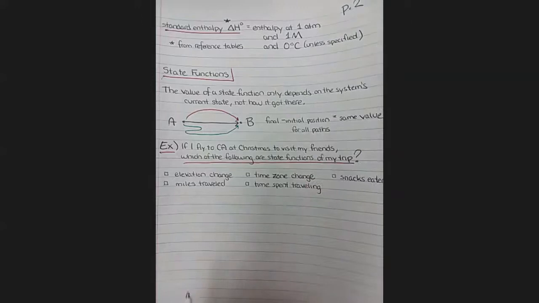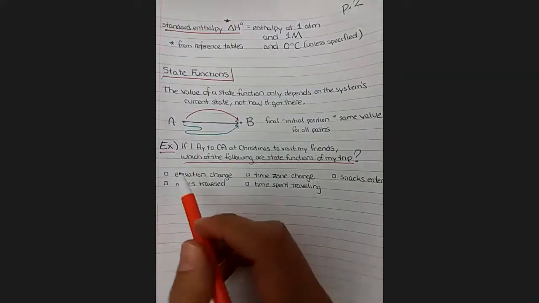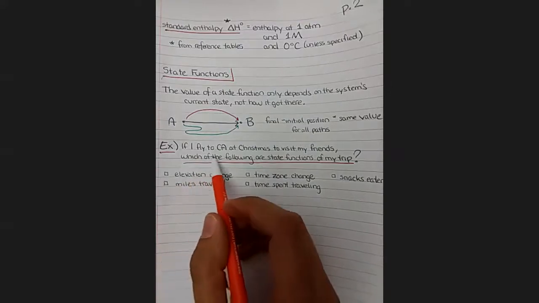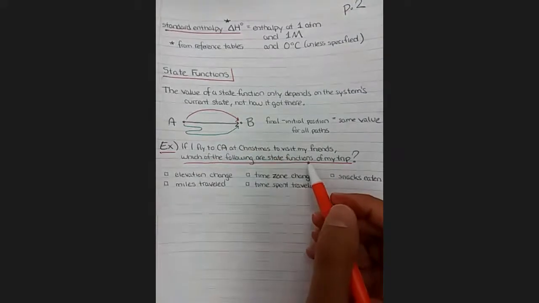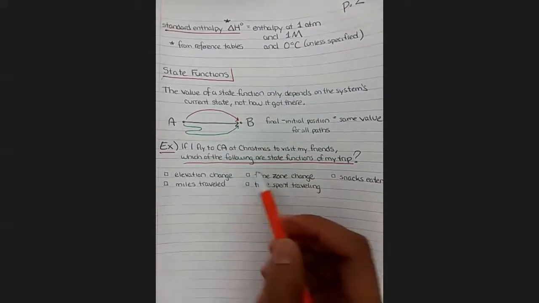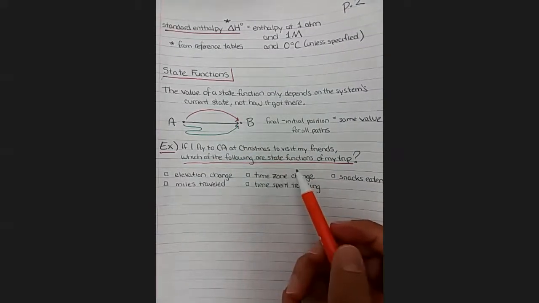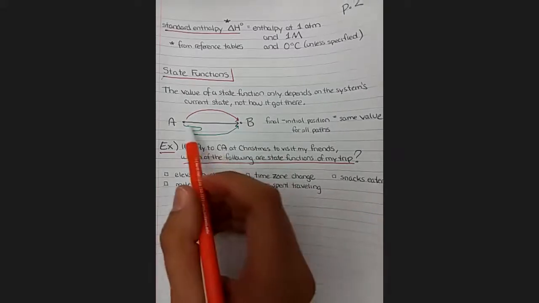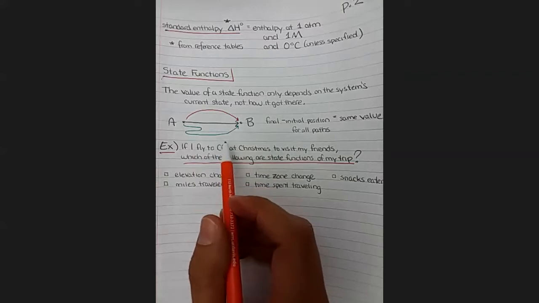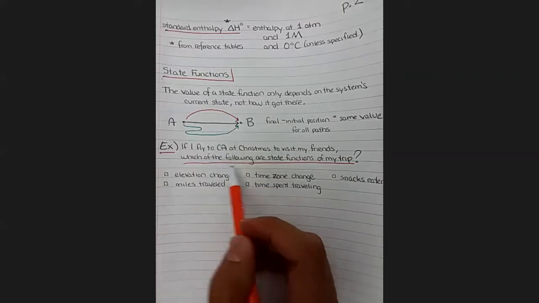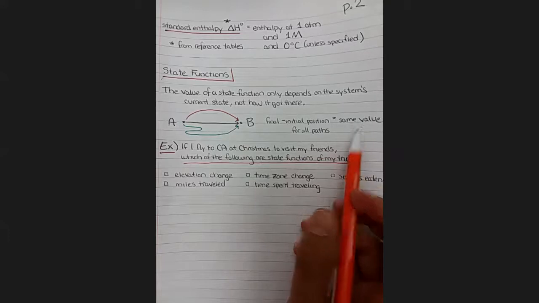So let's see if we can identify other variables that would be state functions. So over Christmas, my plan is to fly to California, where I got my PhD, and visit my friends. So if I was taking this trip, which of the following items would be state functions of the trip? Meaning that no matter when I did the flight, if it was on December 1st or December 4th or on December 25th, this value would always be the same.